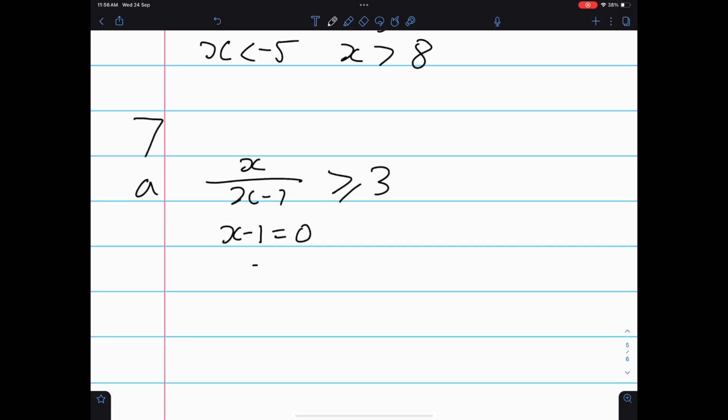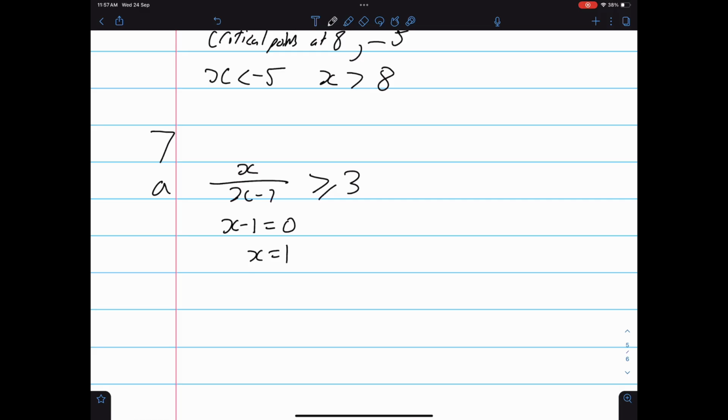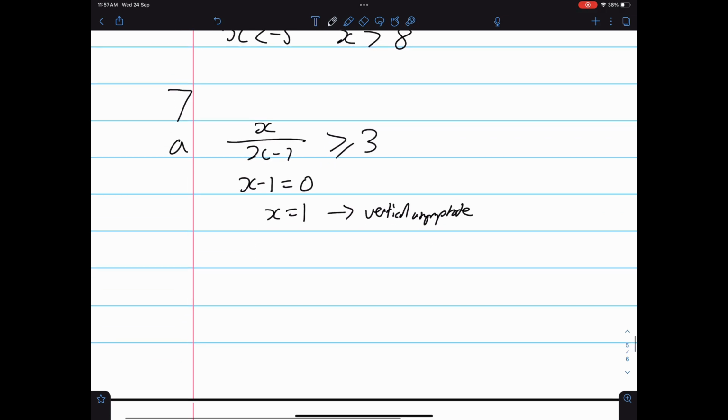So that's where you'll have that vertical asymptote, because it will get really big or really small, as in infinity positive and infinity negative. So x is 1. So that's one of our critical points, and we'll say it's the vertical asymptote. The next thing we need to do is figure out when x over x minus 1 equals 3.